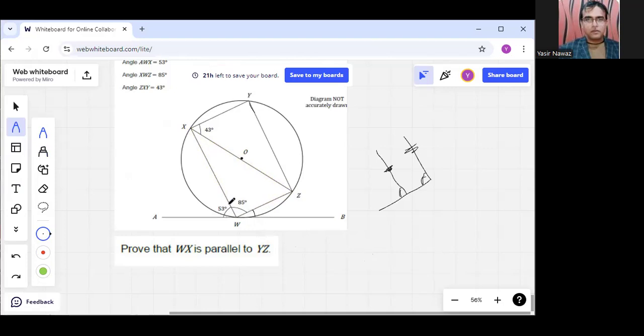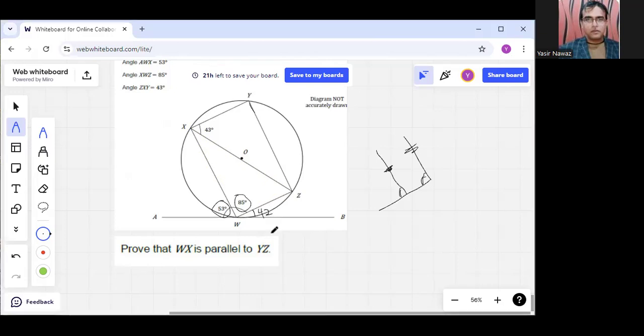So if you subtract 53 and 85 from 180, you will get this angle. It is 85 plus 53. It's 42. This angle would be 42.